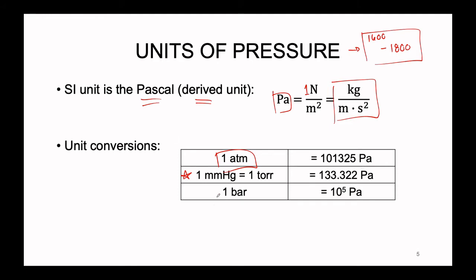The bar is the standard unit used by the International Union of Pure and Applied Chemistry. So this is the formal standardized chemical unit, 1 bar. It is approximately equal to 1 atmosphere, but we've rounded off a little bit, so we can see that 1 bar is technically equal to 10 to the 5th pascals.